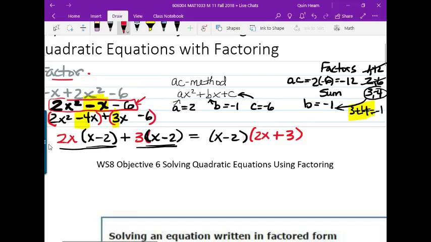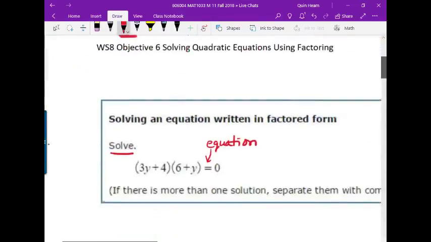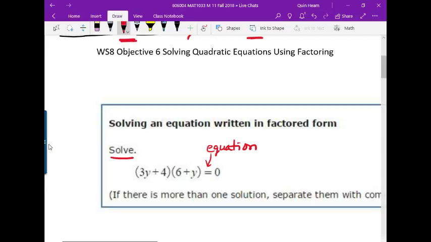We're not solving because we're not looking for a number that makes an equation true. In fact, we didn't even start with an equation. The equal sign we put in here was to show that what we started with on the left is the same as what we got on the right, but that's not the same as when you start out with an equal sign and you're trying to figure out a number that makes this algebraic statement true.